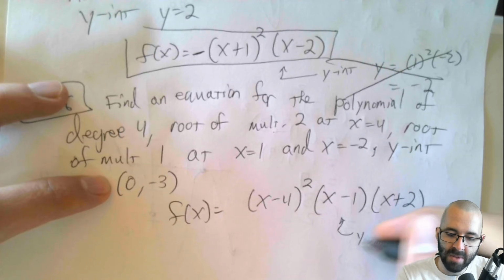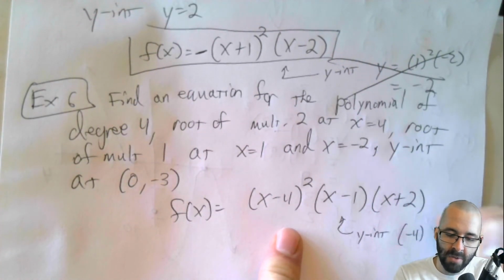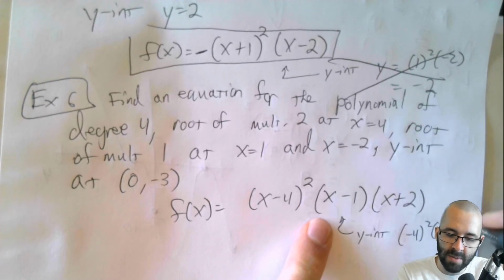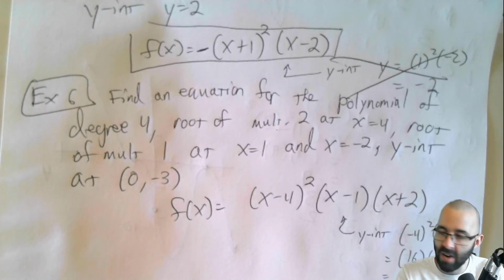Let's check the y-intercept. When x is equal to 0, we're going to get -4 squared times -1 times +2. Right, that's 16 times -2. Oh dear, that's -32. That's not the right y-intercept at all.